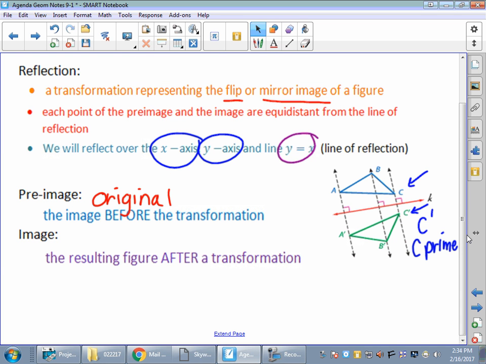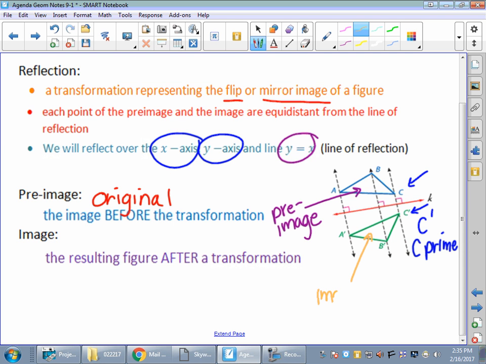Before we reflect it, we've got a pre-image. I always know by my points, this is my pre-image because it's got the regular ABC. This is my image because it's triangle A prime, B prime, C prime. So our image is after that reflection.